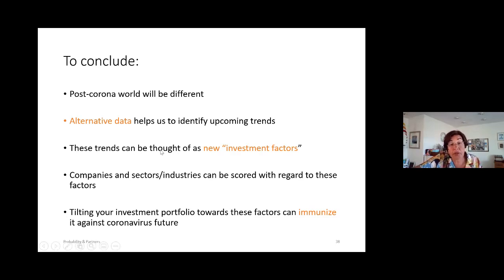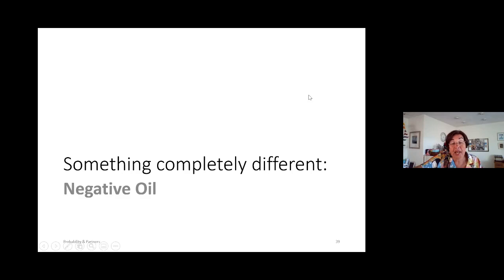Those trends that we have identified can be thought of as new investment factors, and companies and sectors can be scored with regard to those factors, which gives us the opportunity to change our investment portfolio towards those factors.